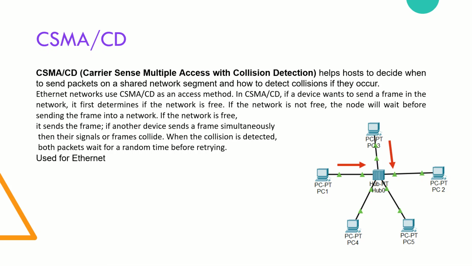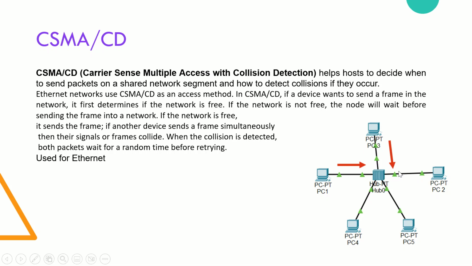It's very, very important. In the topology above and here, we have a hub network. Host 1, this one, for example PC1, is trying to communicate with PC2. Host 1 senses the wire and decides to send packets.